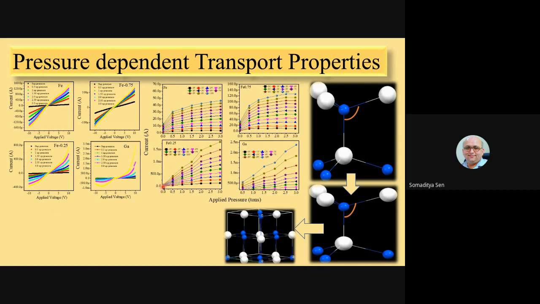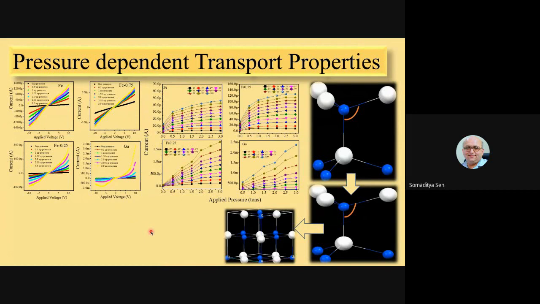This is a meager current, very little current, and immediately when you put pressure, the current becomes so high. So you are compressing this structure to a flatter one, decreasing the bond length and flattening this angle. This may be the reason why this type of behavior is being shown.